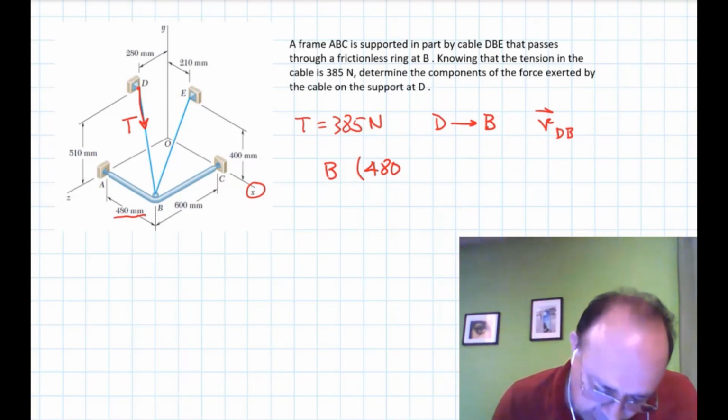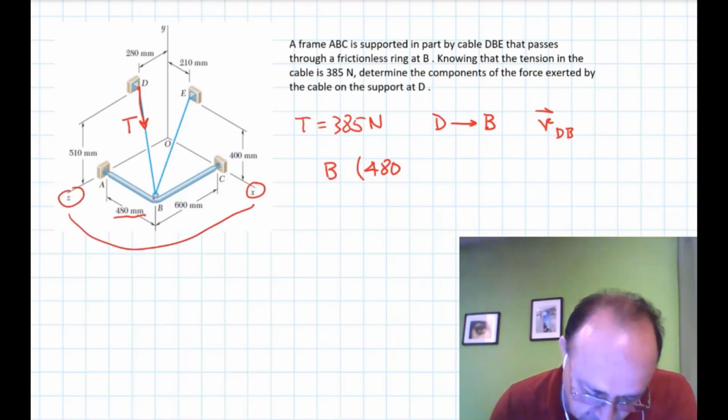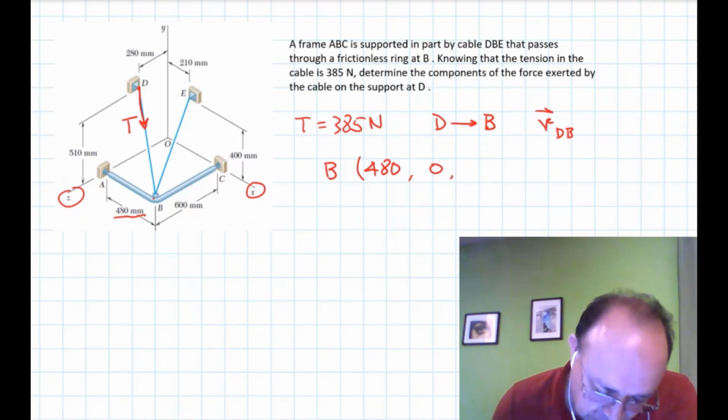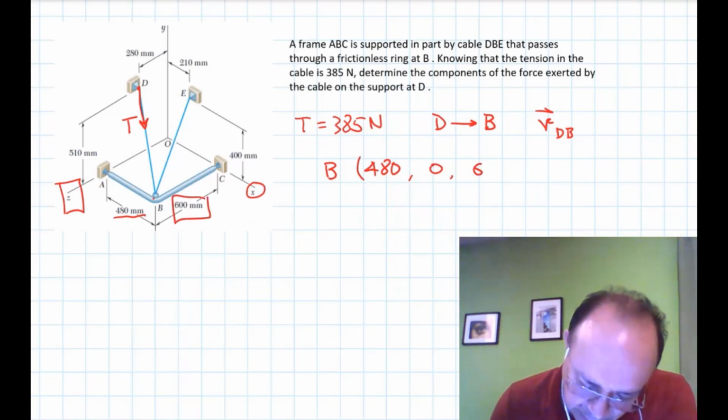In the y direction, point B is on the plane XZ, so there is no component in the y direction. And in the z direction, the z direction is this axis here, so the coordinate on the z direction is 600 millimeters.